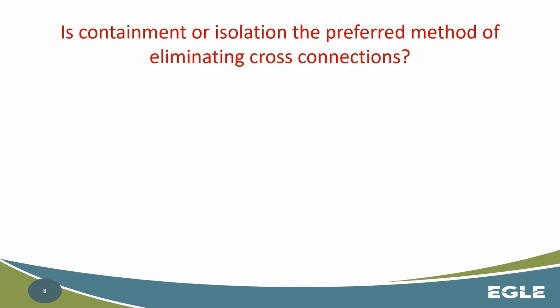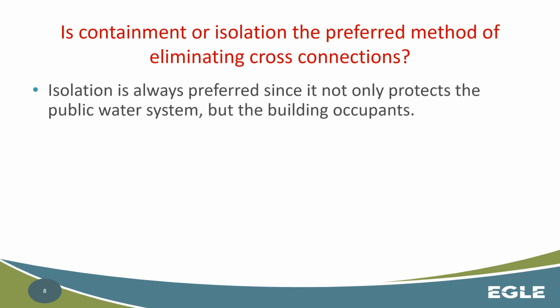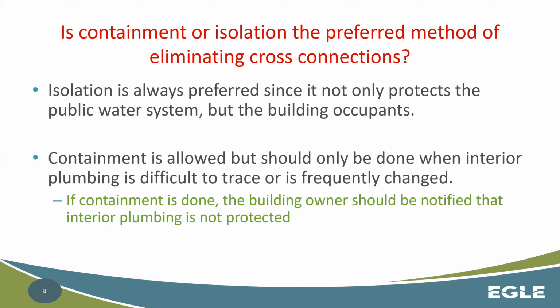All right. Is containment or isolation the preferred method for eliminating cross connections? Isolation is always preferred. And the reason for that is it protects most of the occupants within a building, right? We talked about this. Containment is allowed. And I will tell you, if you don't have containment in your ordinance, you should add it, especially for industrial and commercial customers.